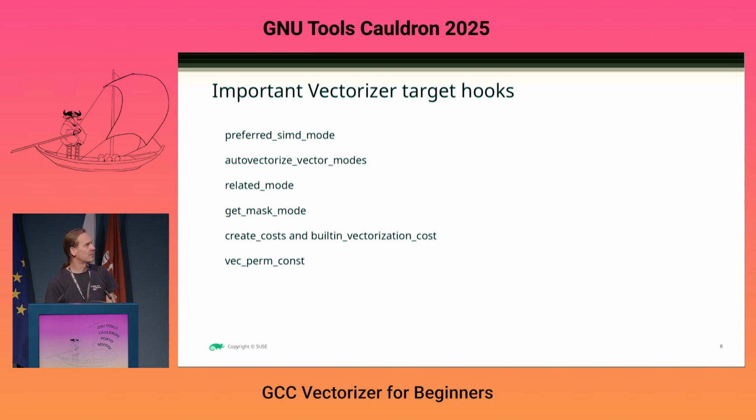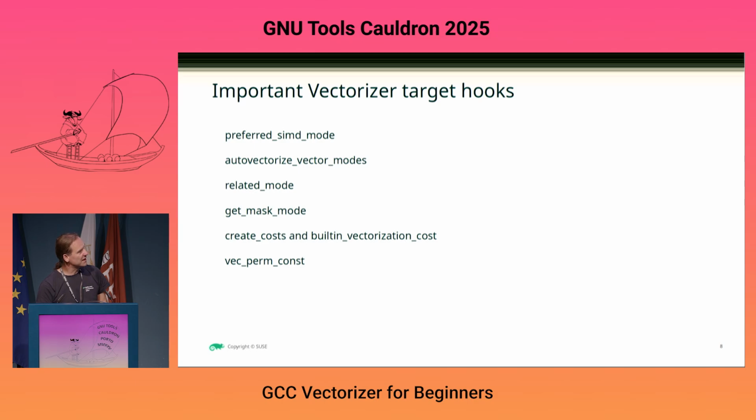Yeah, so nowadays we have the create costs hook, which basically is supposed to instantiate the vectorizer costs class, but the target can derive from that class, and so it has to instantiate the derived type. So it's C++y, basically hooks in hooks, but that's what we are doing now.